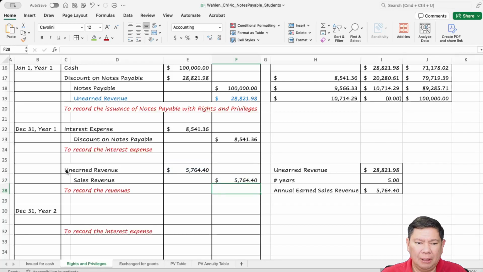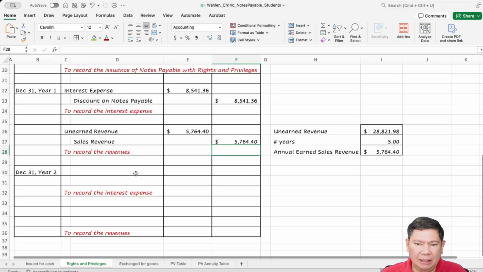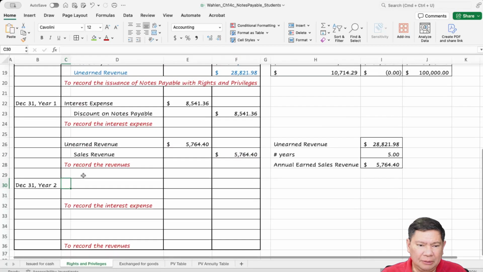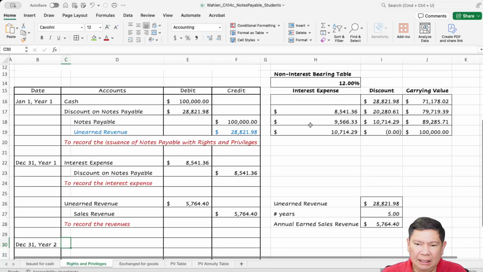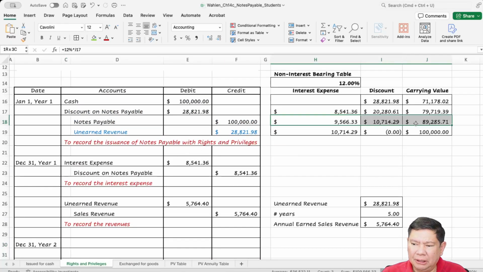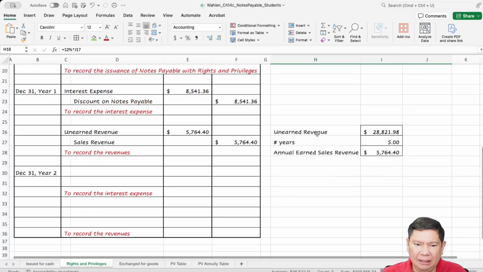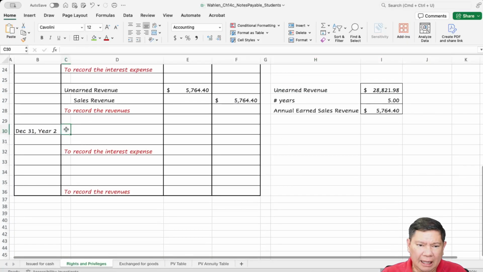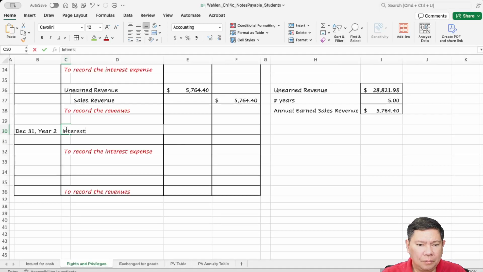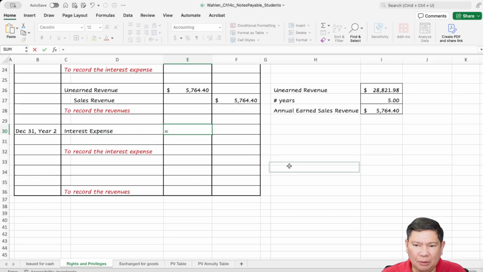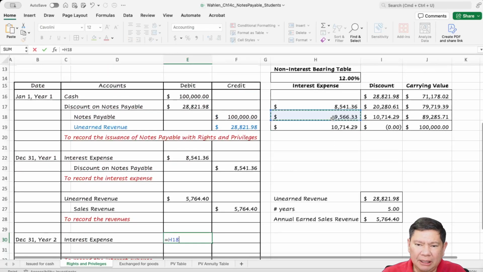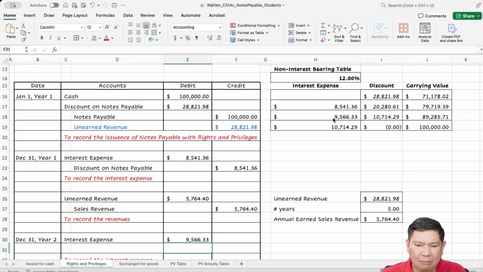5,764.4. If we move 1 year further to December 31st, year 2, we're going to use the second row here. So interest expense will be coming from the second row, and the same thing for year 3, coming from the third row, and we amortize discount on notes payable.